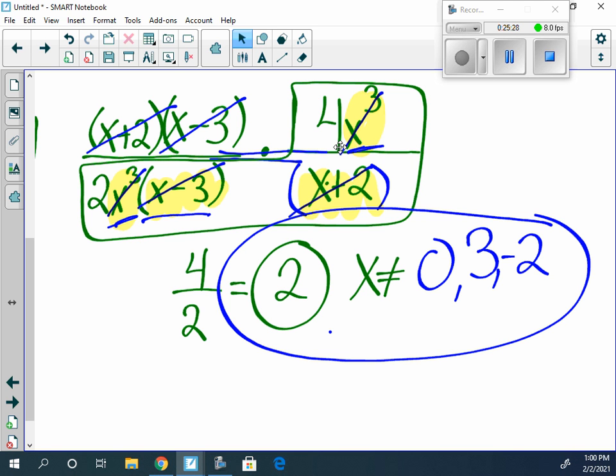So are we good with 7.32? Yes. How about 7.31 or 7.41 or 2? I have a question on this one. Okay, it's number 4.